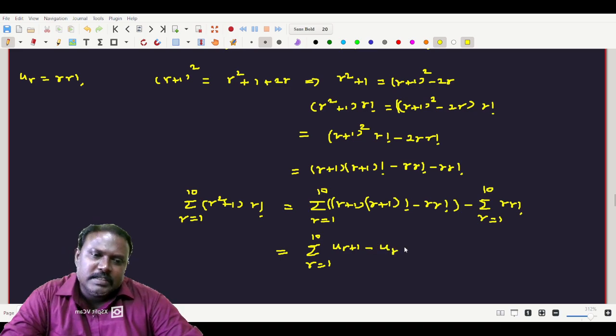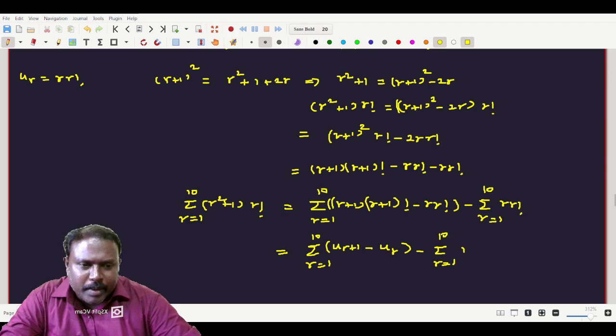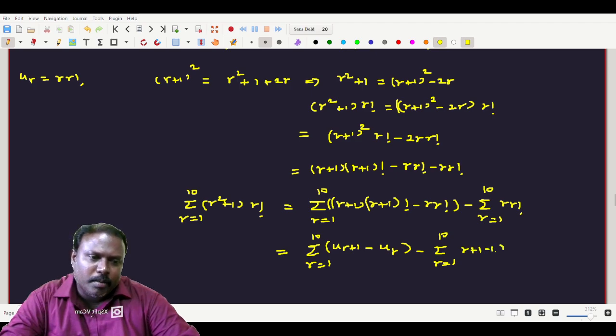Now minus summation r equals 1 to 10, where this r I am writing as (r plus 1) minus 1, just adding 1 and subtracting 1, into r factorial.